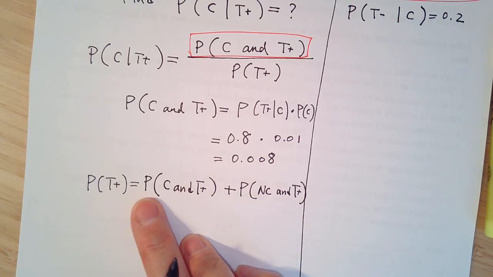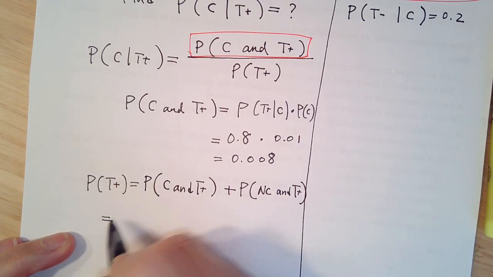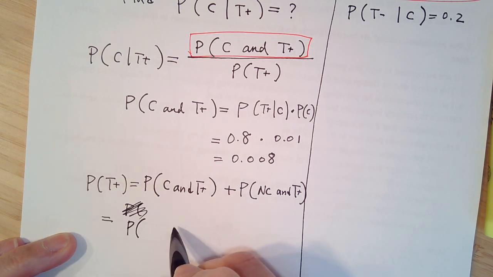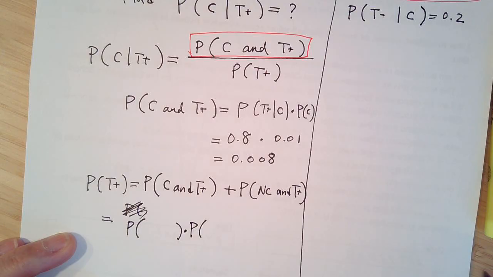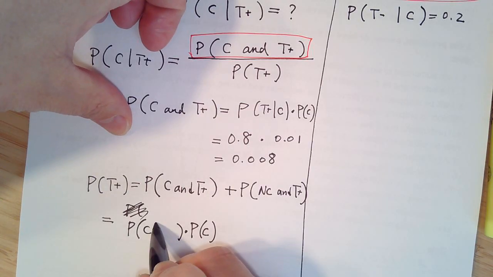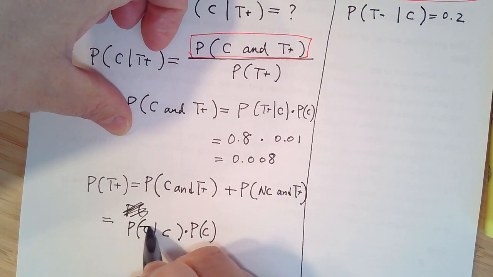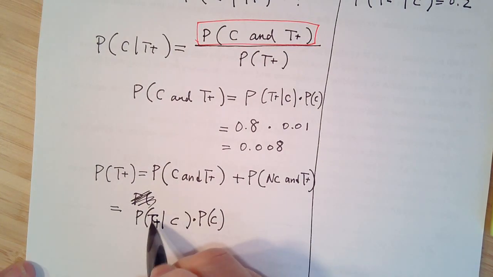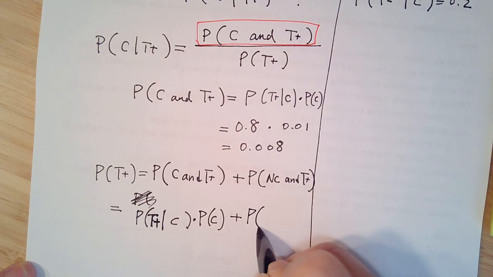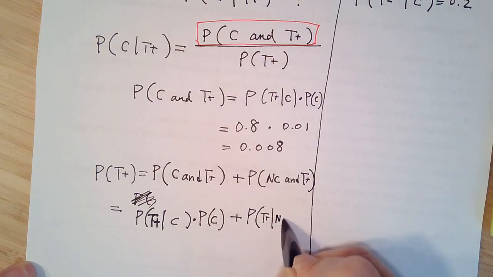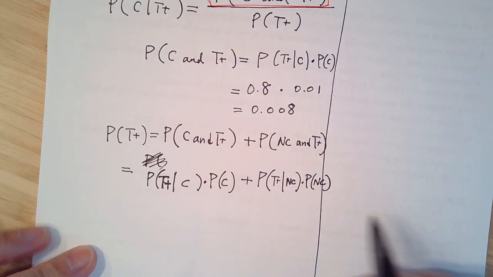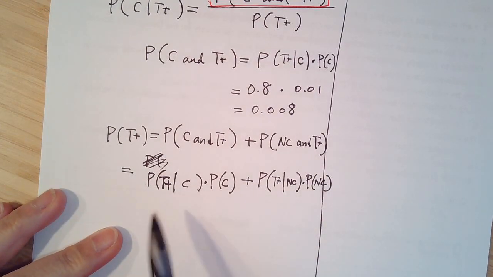Now, what is the probability of C and T plus? By Bayes' rule, that would be the probability of T plus given C, multiplied by the probability of C, and here's no C, so that would be the probability that T plus given no C multiplied by the probability of no C. All right, now think about that.